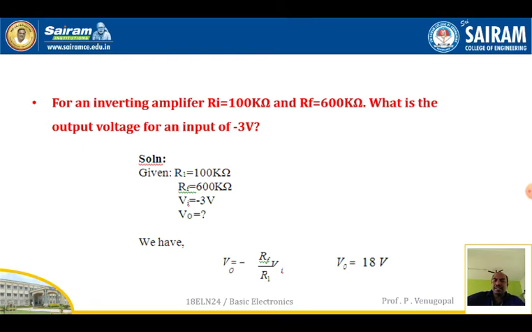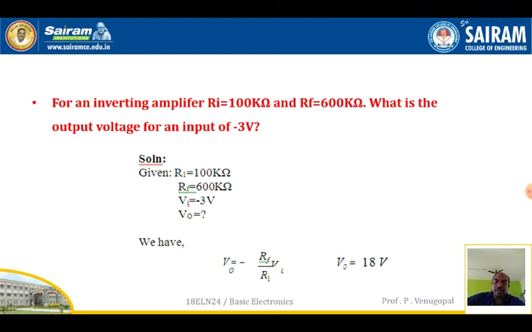So the constants in the problem are R1 equal to 100 kilo ohms, RF equal to 600 kilo ohms, and VI equal to minus 3 volts, and you are required to find the output voltage. First write the gain formula. Gain is nothing but V0 by Vin equal to minus RF by R1, and from that V0 can be evaluated as minus RF divided by R1 into V1.